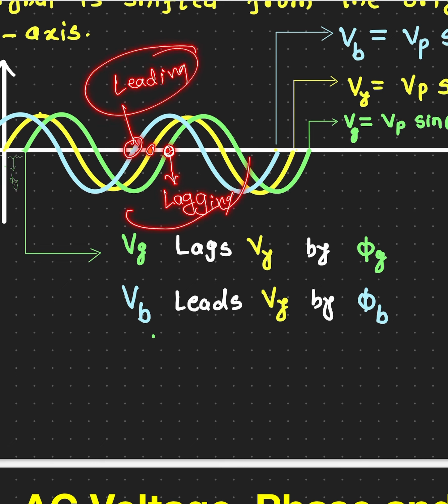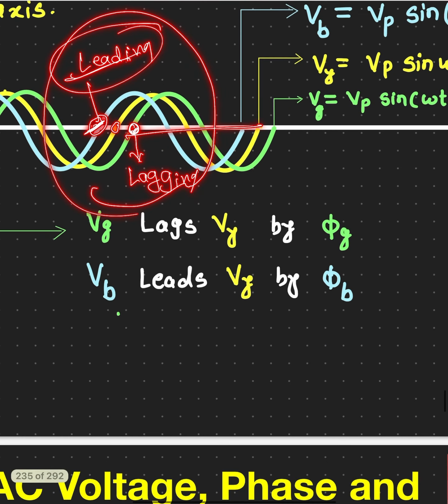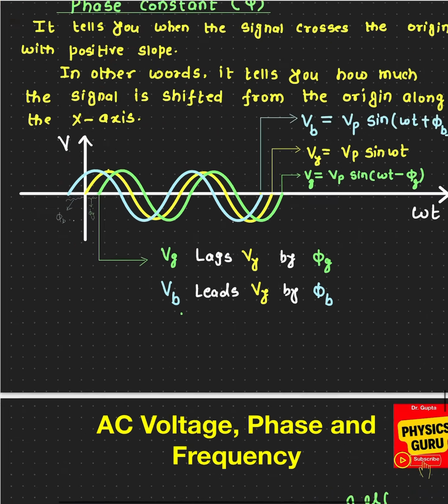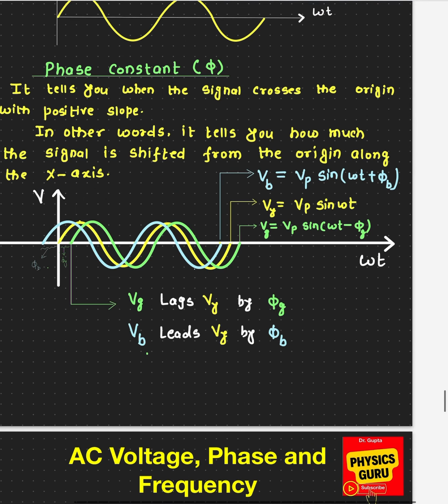So what does this mean again? Leading means it crosses the x-axis first, and the other one crosses the x-axis after a certain time. This simply tells you which signal crosses the x-axis with a positive slope. I hope you understand these things.